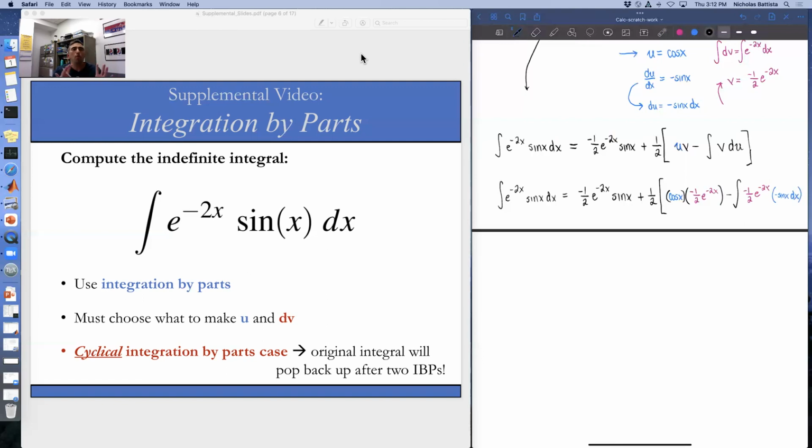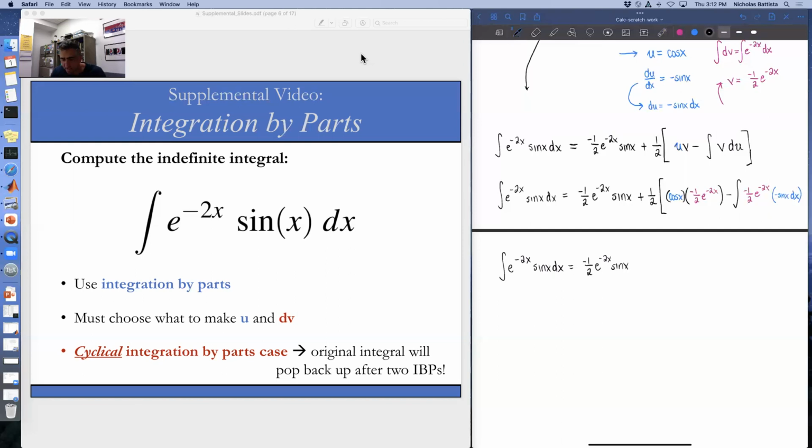So before we do anything else, let's do a little bit of sign simplification just so we don't lose any signs. We still have on that left-hand side that same integral we started with, e to the minus 2x sine of x dx. On the right-hand side, I'm going to leave those two functions that we're multiplying alone.